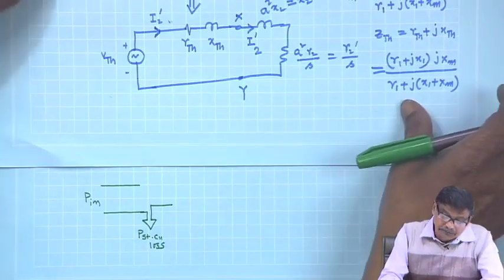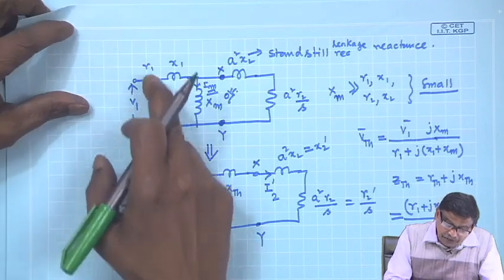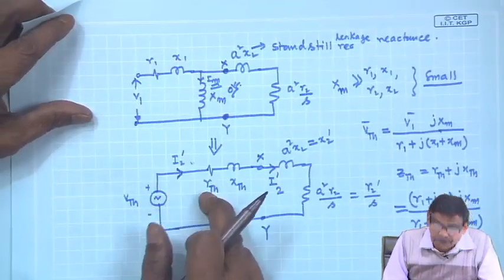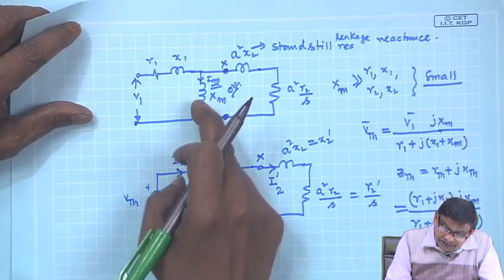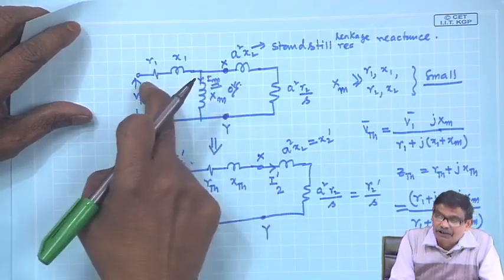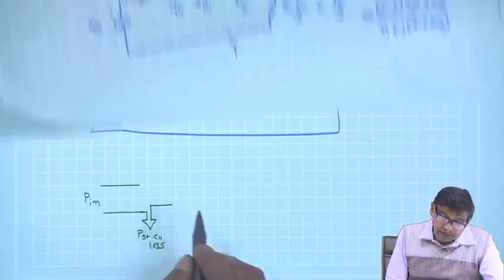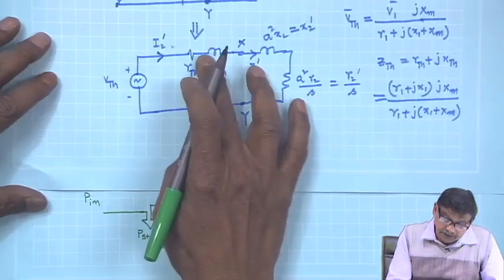Mind you, these two are Thevenin's equivalent; this current squared into R 1 will be the same as this current squared into R Thevenin, because in this circuit the only resistance was R 1. So, this is the P stator copper loss, if you subtract this power loss.